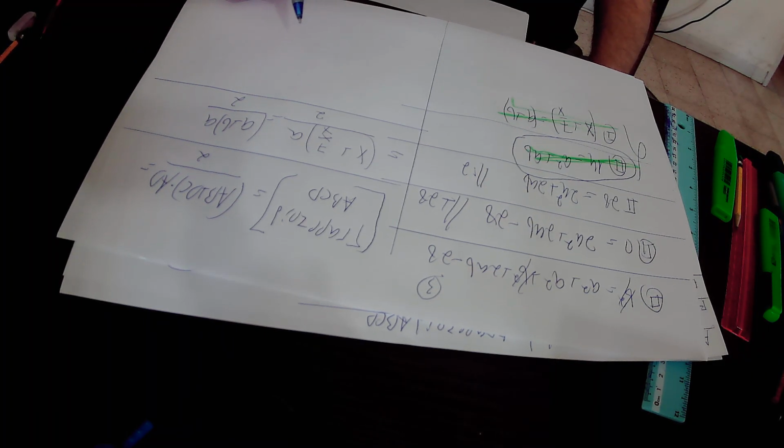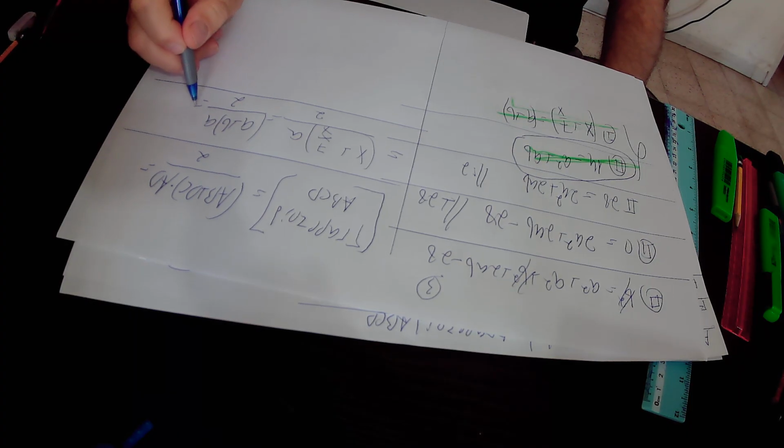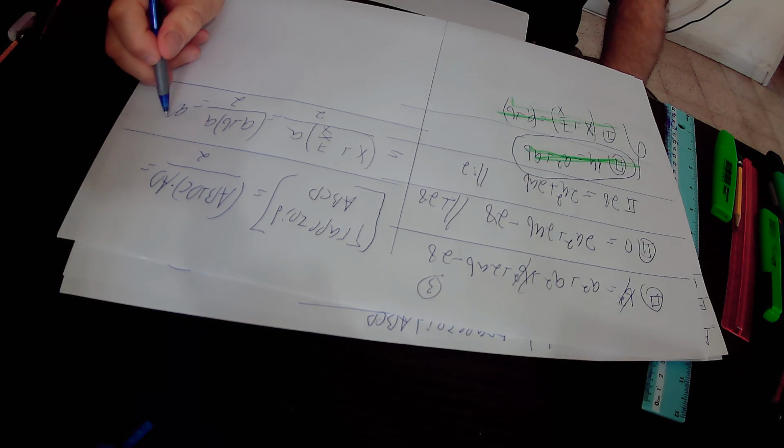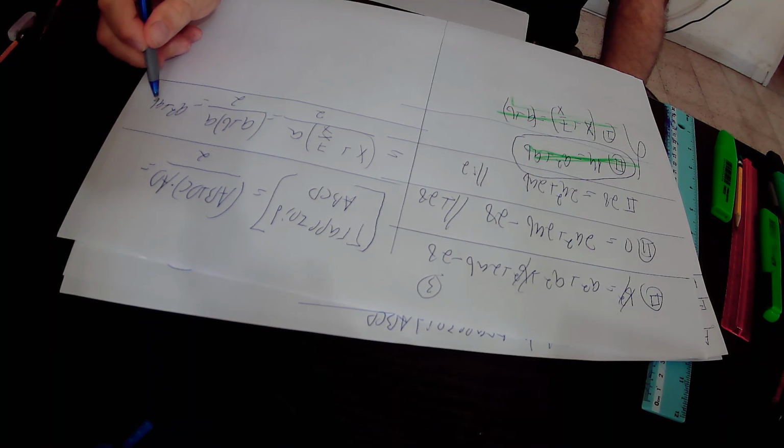So in conclusion, the area of trapezoid ABCD equals a plus b times a over 2. Here we open the brackets of this expression, and we get that a times a is a squared plus ab, over 2.